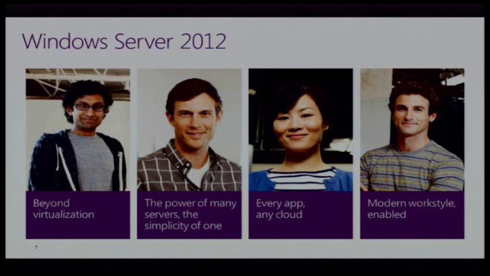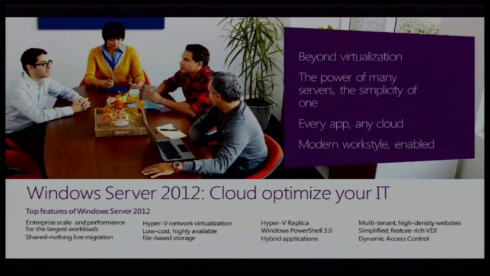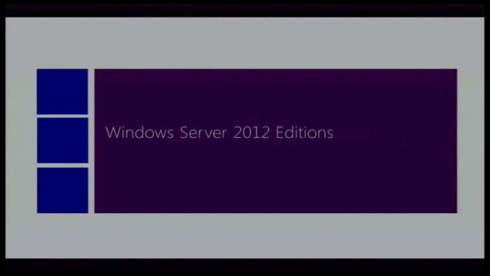And Windows Server 2012 enables the modern work style by empowering IT to provide users with flexible access to data and applications anywhere on any device, and with simplifying management and maintaining security, control, and compliance. Windows Server 2012 is cloud optimized, offering new and enhanced features.